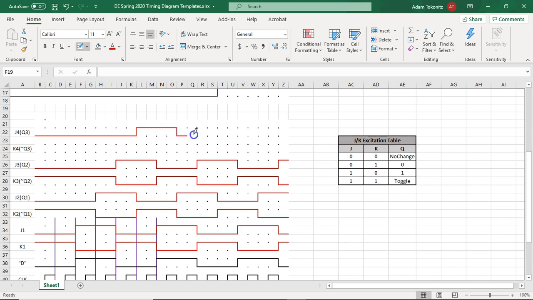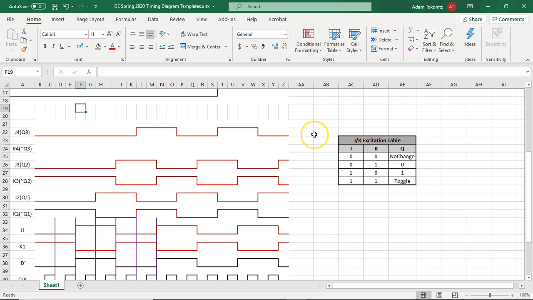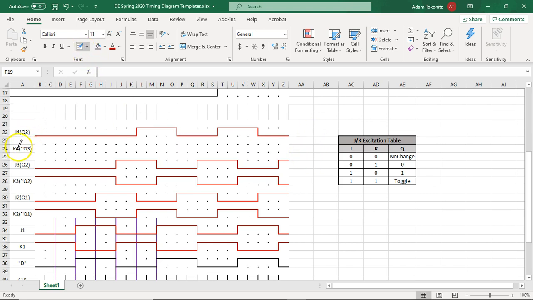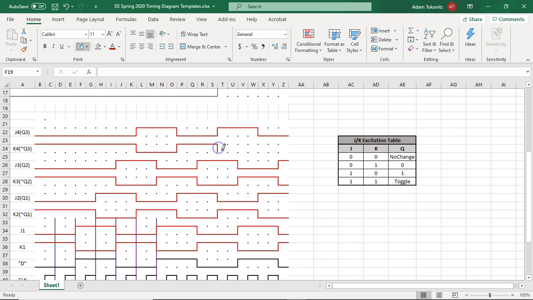And it's the same exact pattern as before. And lastly, K4 is the opposite of J4. So I'm going to draw that in without going over an extra line. And this is what our timing diagram ends up looking like.